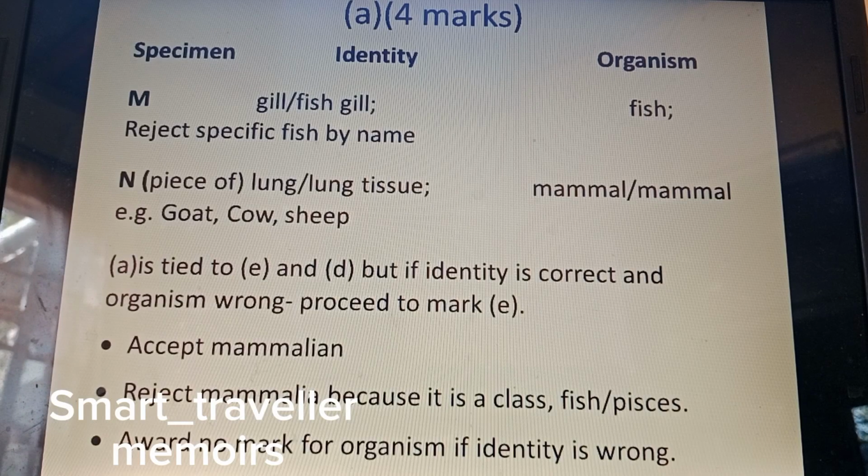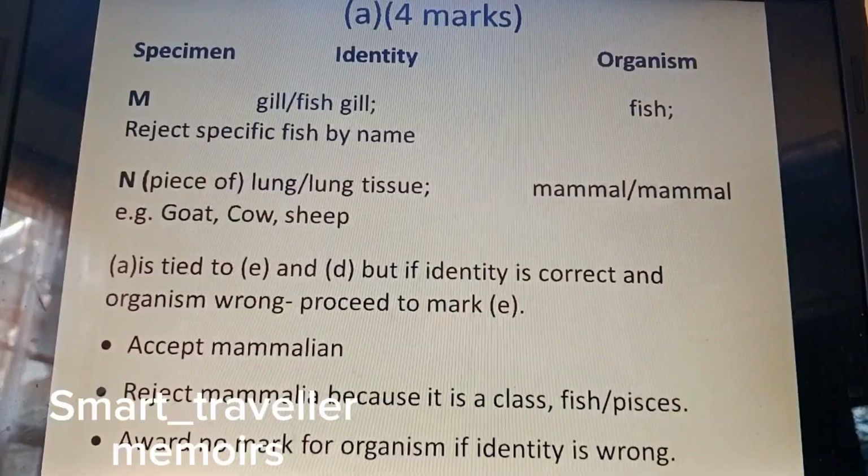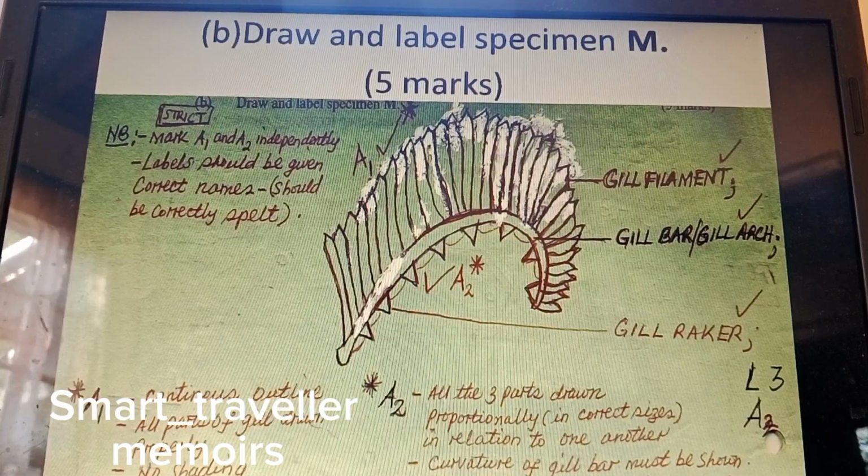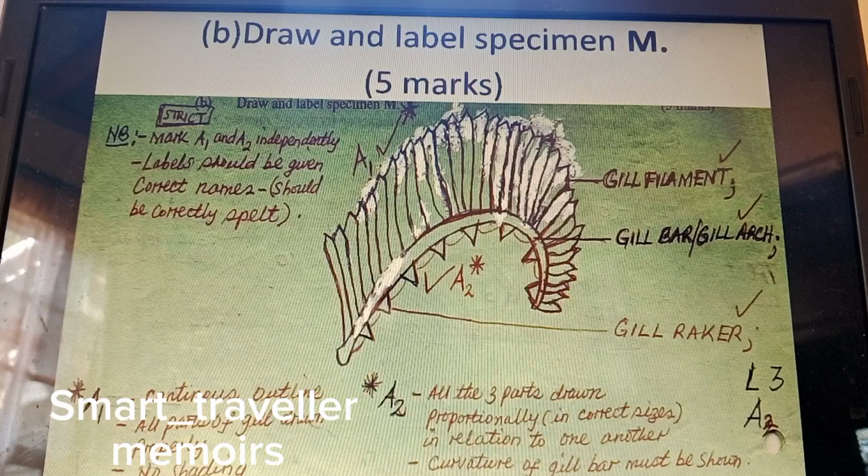All right. So draw and label M. All right. So it is there. Mark A1 and A2 independently.